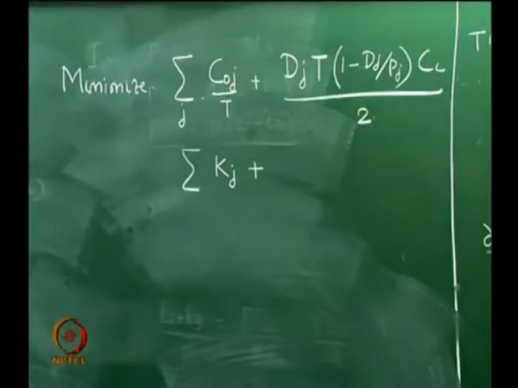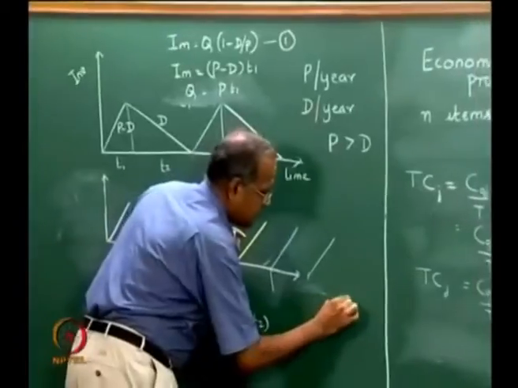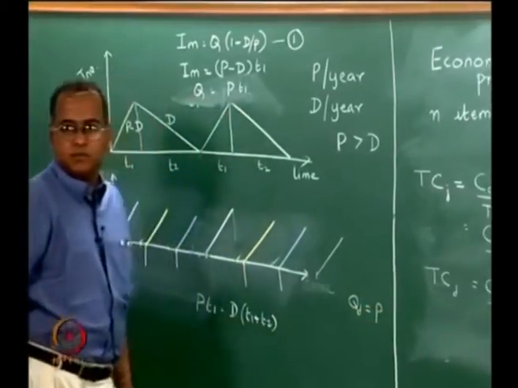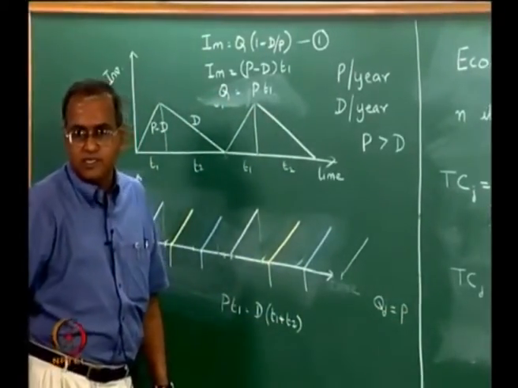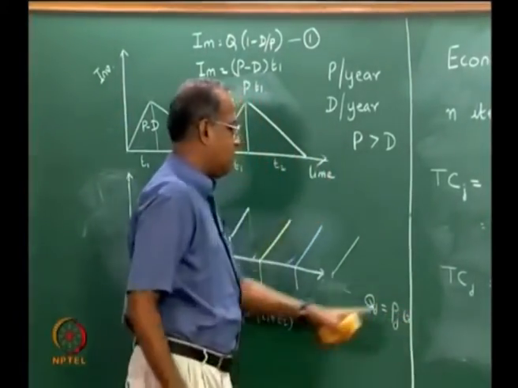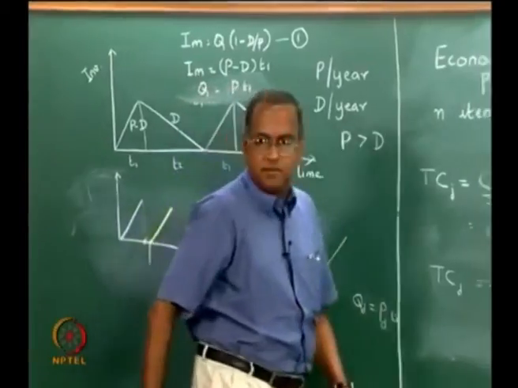Production quantity is Qj, Qj is equal to Pj into T1, T1 is the production time. So, T1 is equal to Qj by Pj.